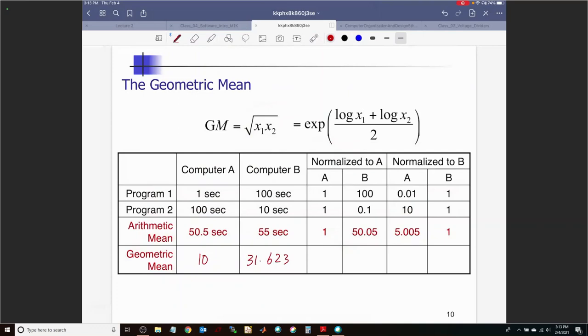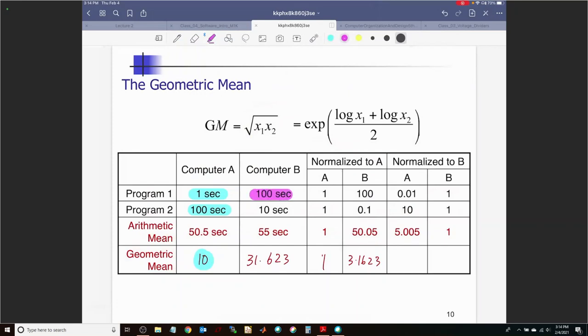Now you start working on the normalized numbers. 1 times 1, square root, I get 1. 100 times 0.1, that's 10. Square root of 10, 3.1623. Right? Let me highlight the numbers I'm using here. Using that and that to get that.